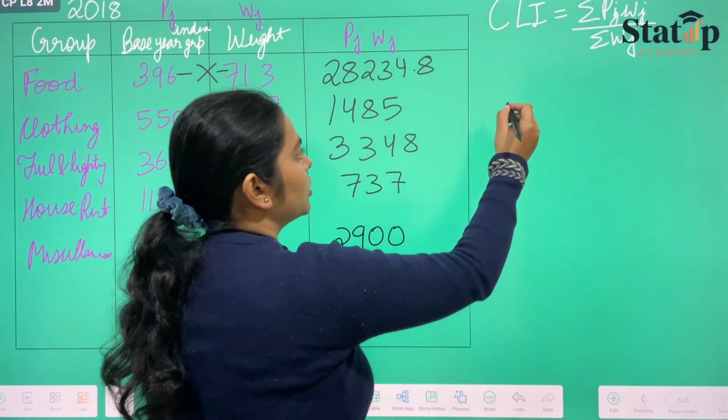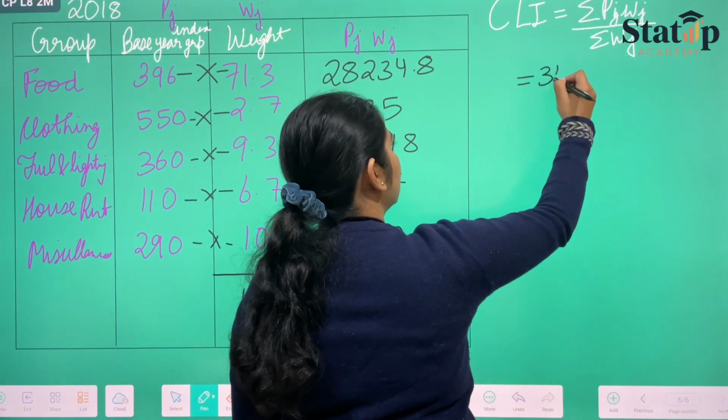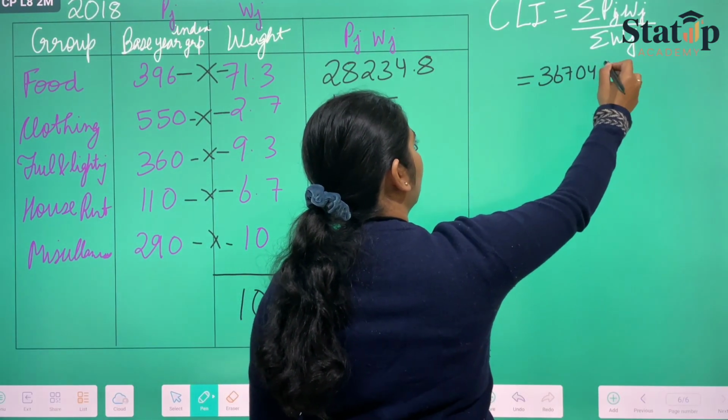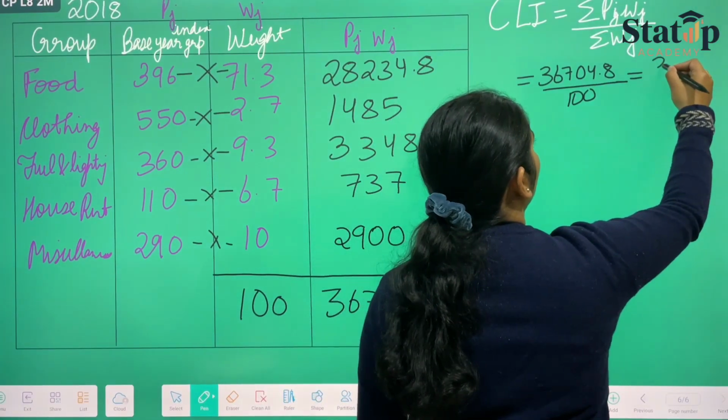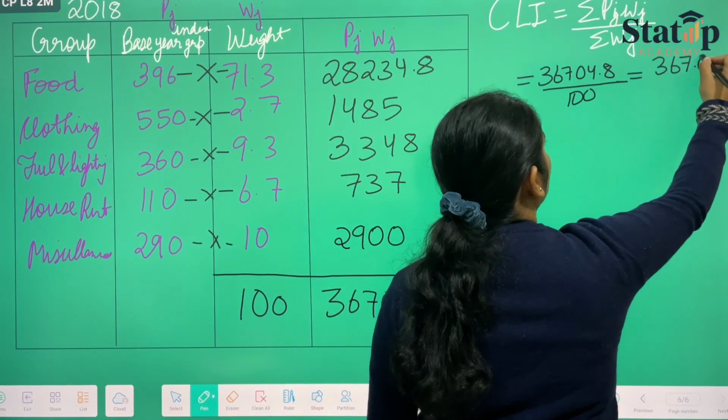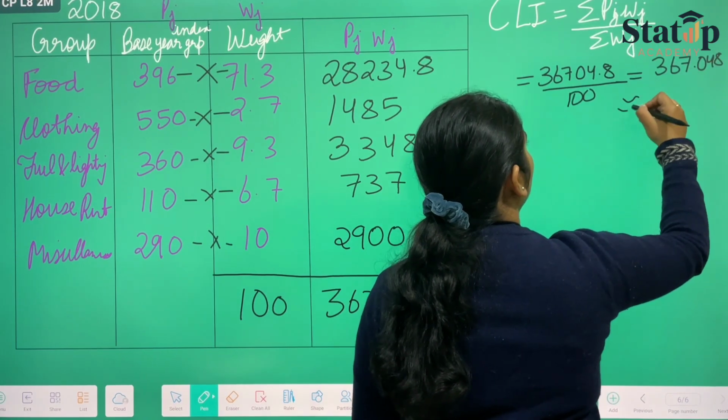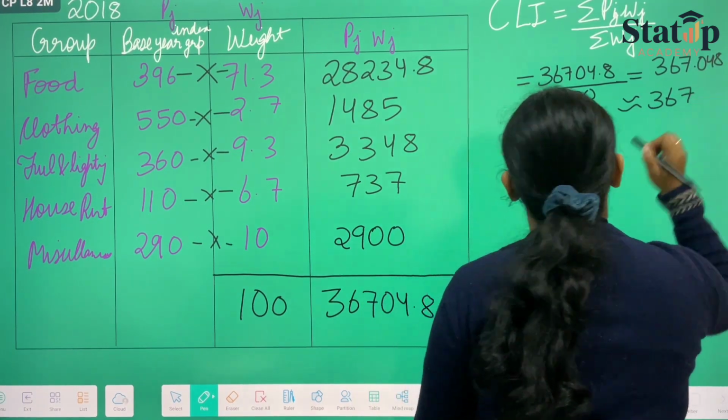So if I substitute the values, it is 36704.8 upon 100, which equals 367.048, approximately 367.